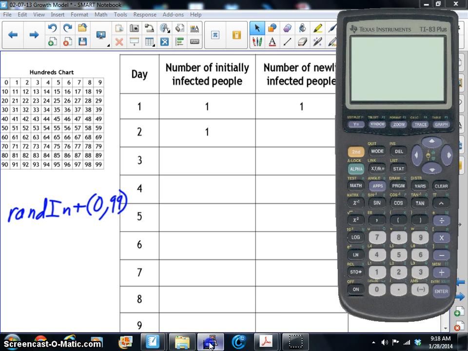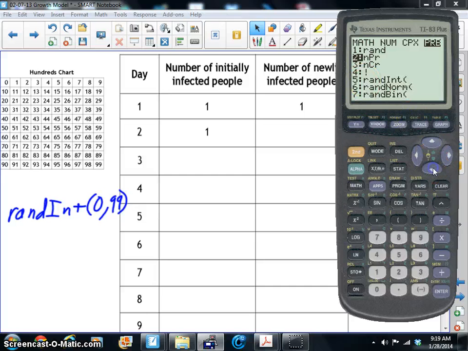So here's my calculator. I can get random int through the math key, which you should be able to see the mouse moving. I click on the math key and it brings up this. PRB stands for probability. You can already see rand as the first one, but we don't want that.